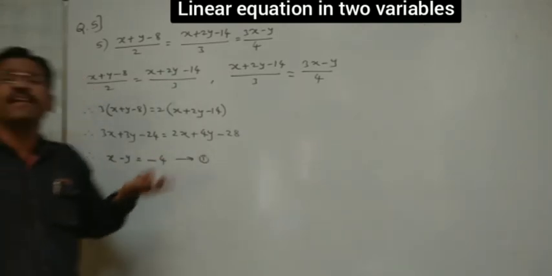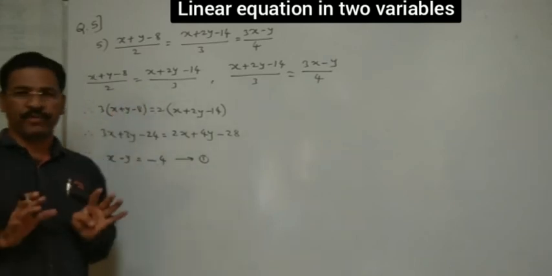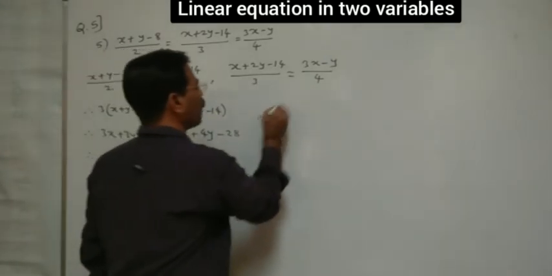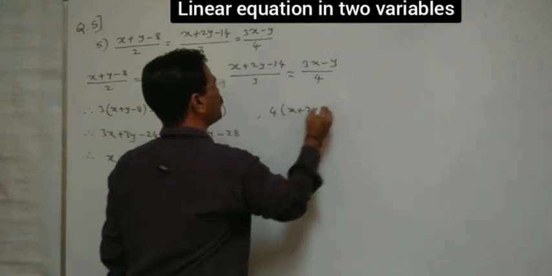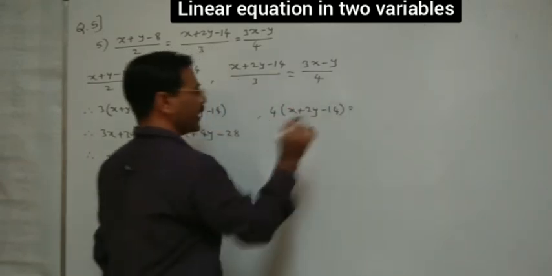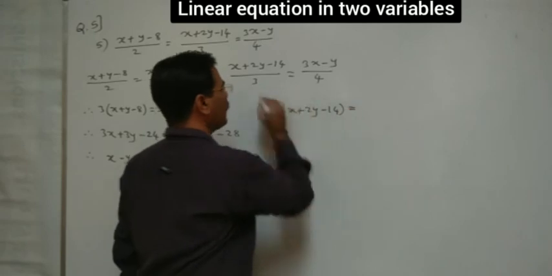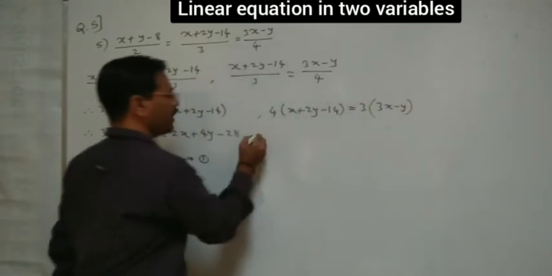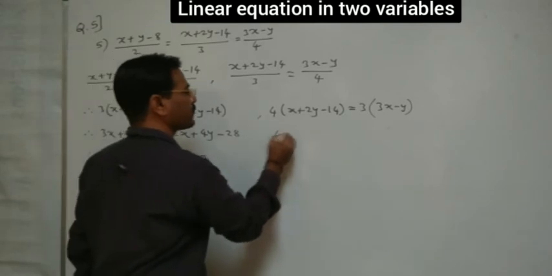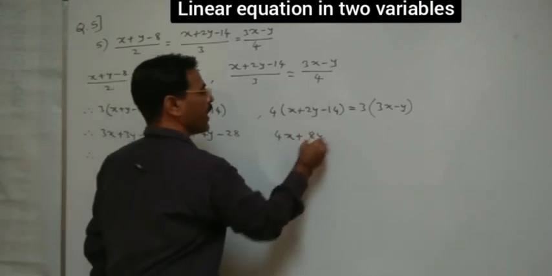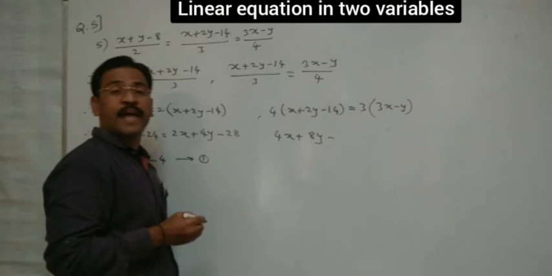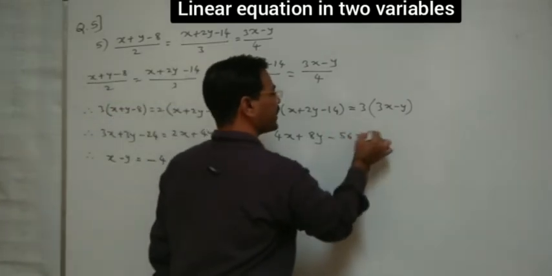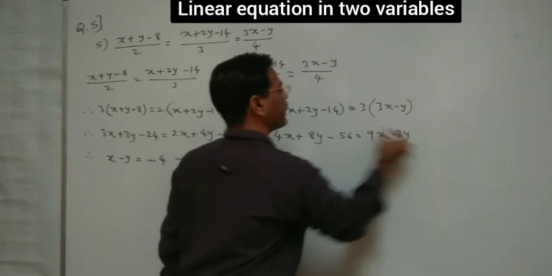Look, now it is in simplest form. Very similarly, here also go with cross multiplication. What will we get here? 4 into (x plus 2y minus 14), and 3 into (3x minus y). Be very careful, don't make any kind of mistakes here. Again multiply. 4x plus 8y minus 56, and 9x minus 3y.